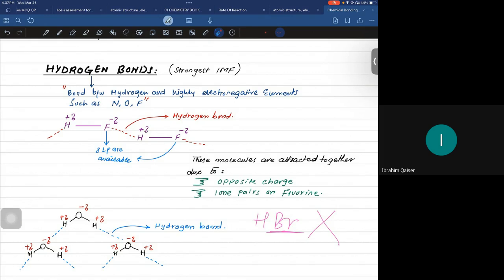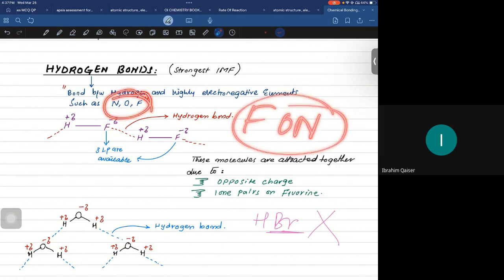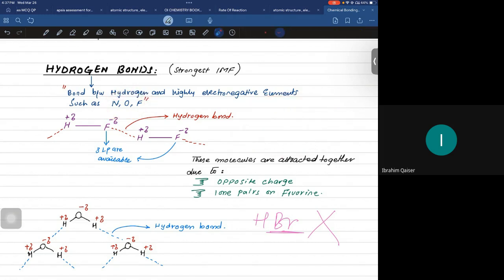But in hydrogen bonding, if you have these three elements, fluorine, oxygen, and nitrogen, then there would be hydrogen bonding, like in HF. Fluorine is a part of this group, so of course this is going to have hydrogen bonding. And if this is Cl, it's a permanent dipole, not hydrogen bonding.